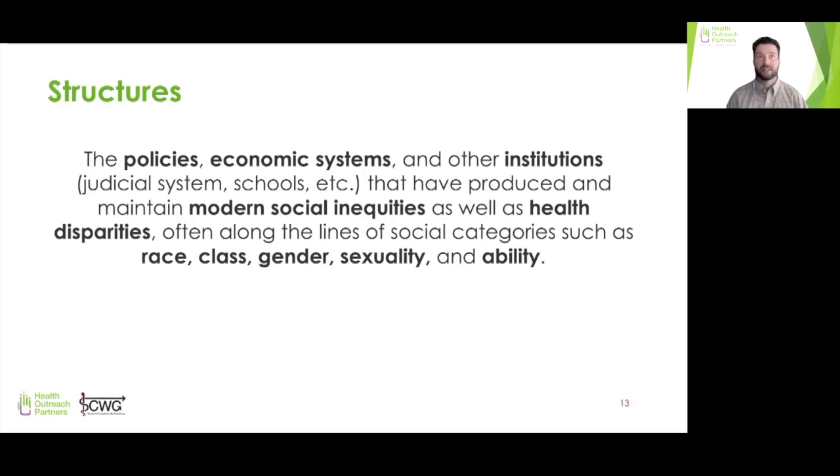We're much more likely to talk about the implicit biases through our health promotion mindset that looks at health outcomes tied to behavior, tied to genetics, or even sometimes tied to culture. But what we want is to get a better analysis and a zoomed out analysis of how policies, economic systems, and institutions are also impacting patients' health. But that can be sometimes harder to see and harder to understand.